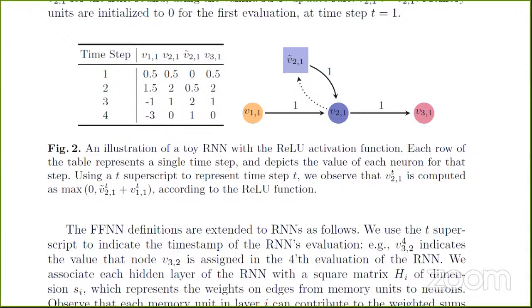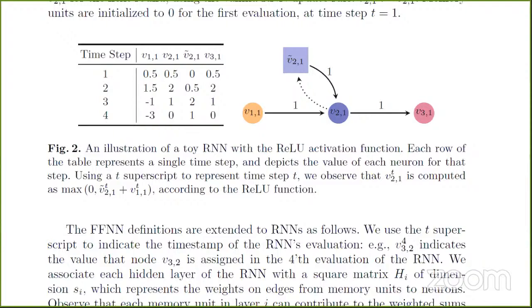You get 0.5 as input, which gets propagated to 21. So you get 0.5 at 21, and then that 0.5 is put back into the memory unit, which was 0 now. It is put into the memory unit, which will appear only in the next time step. Right now it is 0, and since 0 was available at the memory unit, the incoming arrow from the memory unit is treated as a standard neuron.